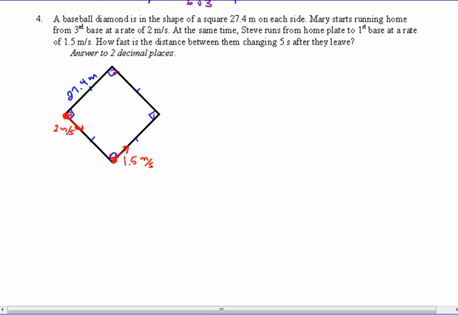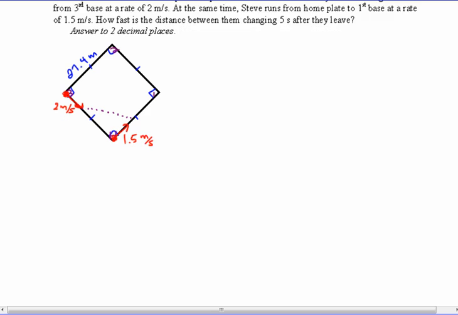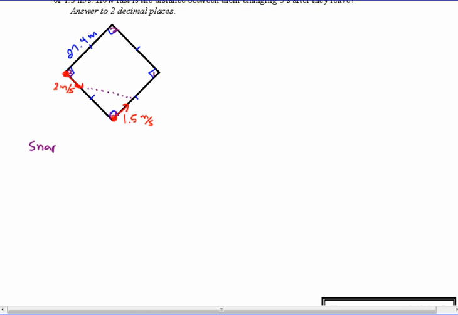So if we make a snapshot, what's the relationship between Mary and Steve? Somebody said the shape, triangle. So what is the relationship? Their distance. So we're relating their distances using which formula?